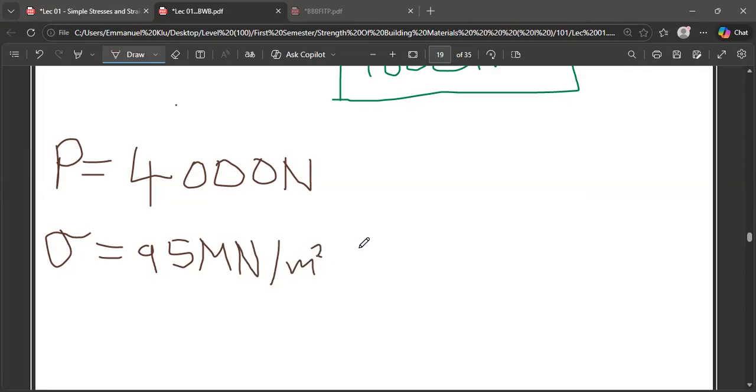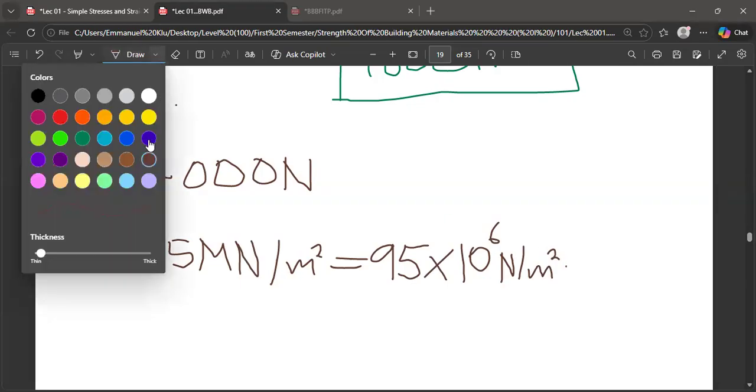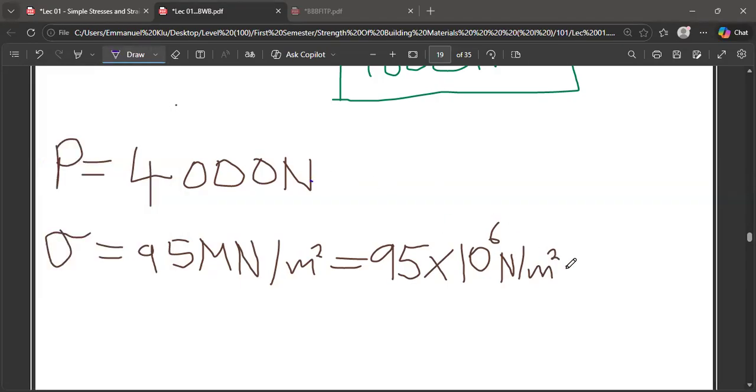And this is the same as 95 times 10 to the power 6 Newton per meter squared. Okay, but this is not the end of this. This can still be expressed in other terms. We will come back to this shortly.